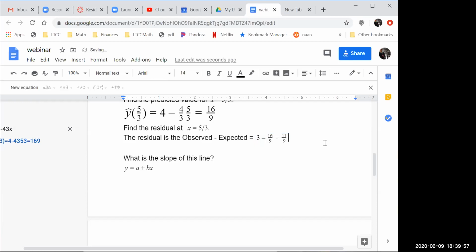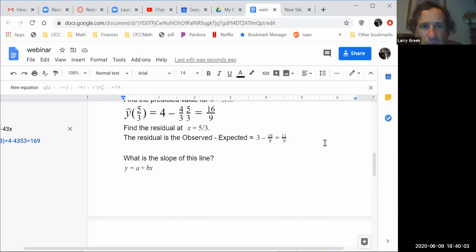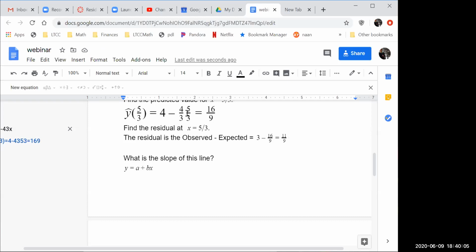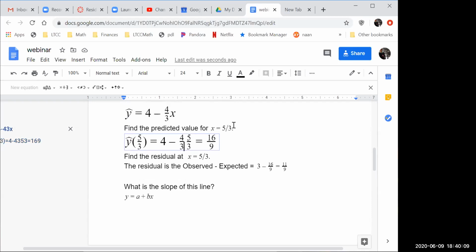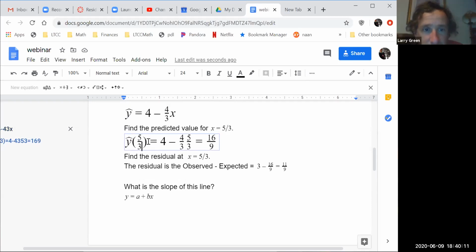I have a question on the y hat up there. Why did you put the 5/3 next to it? Which 5/3? This one? Yep. That's just notation. The way you read that is y hat when x is 5/3.